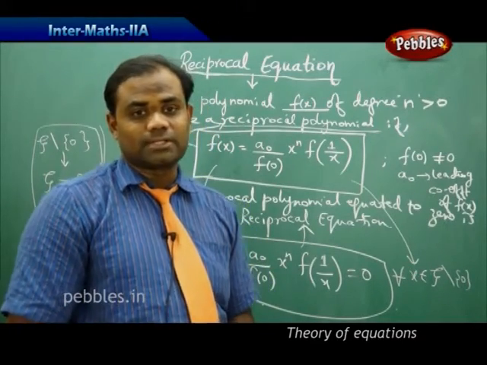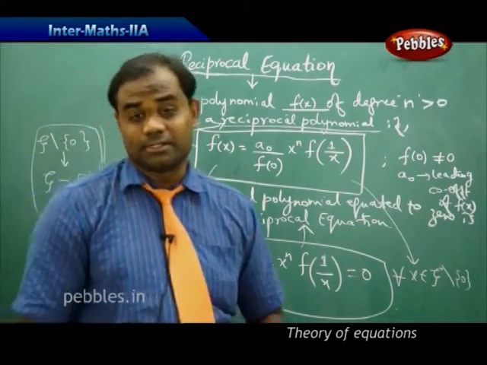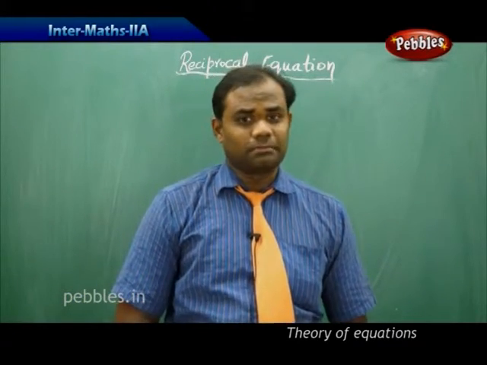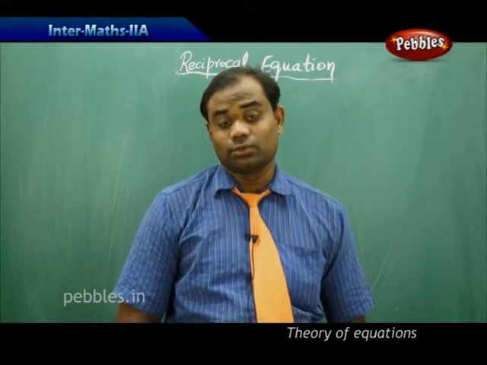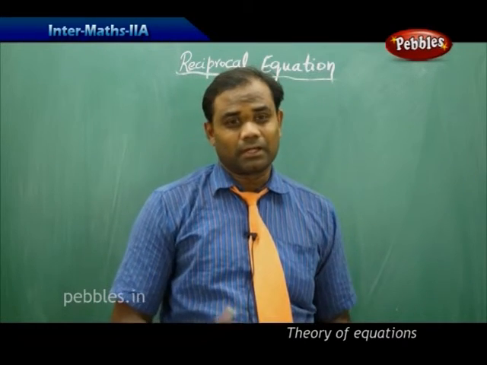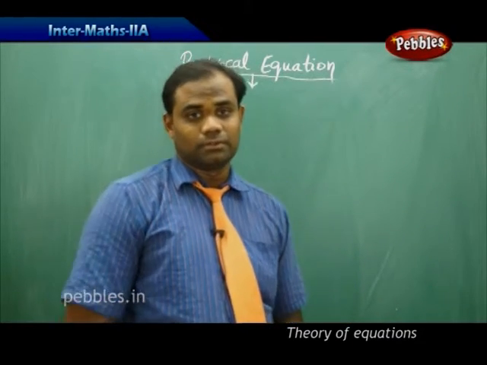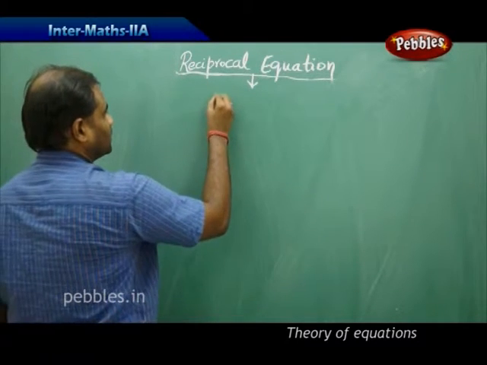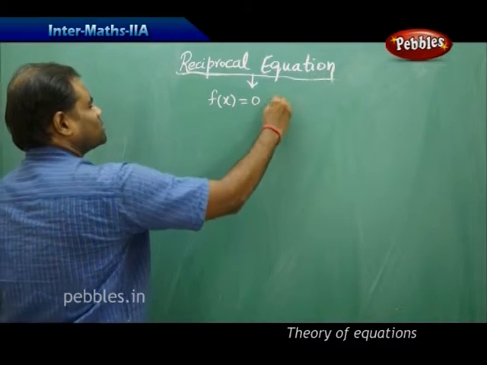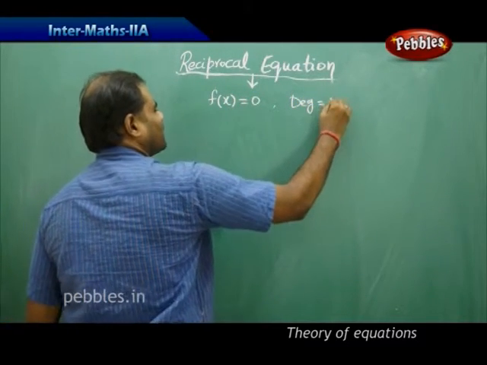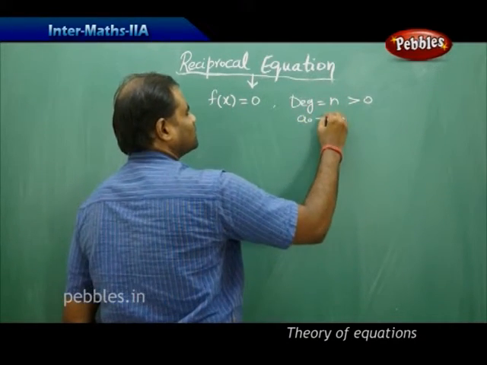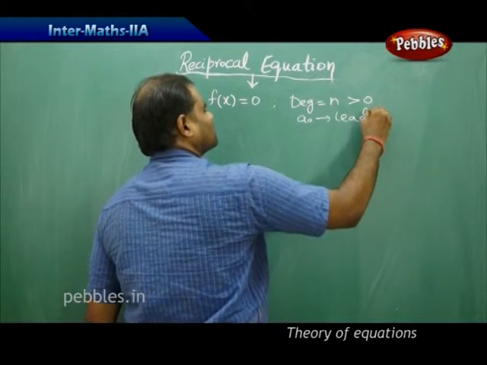Now let's see some properties connecting the reciprocal equation with its respective roots. The reciprocal equation is classified into two types: class 1 type and class 2 type. So let's see what a class 1 reciprocal equation and a class 2 reciprocal equation are. Before that, I considered a reciprocal equation f of x equal to 0 with degree n greater than 0 and its leading coefficient being a0.